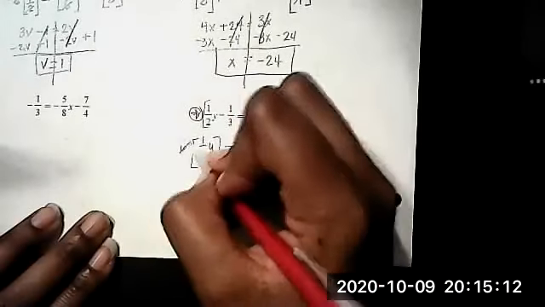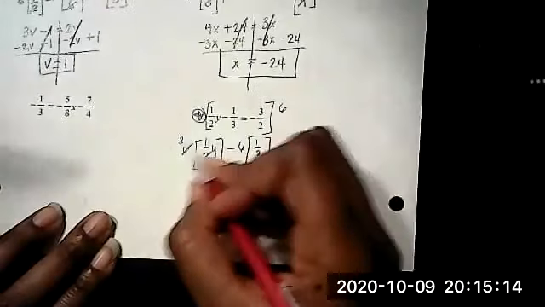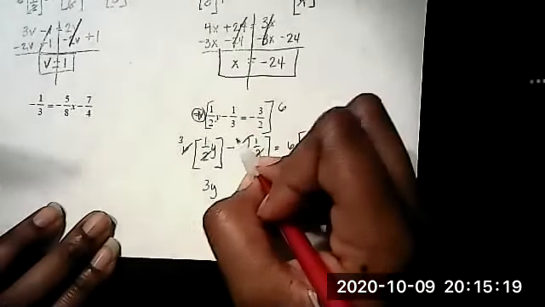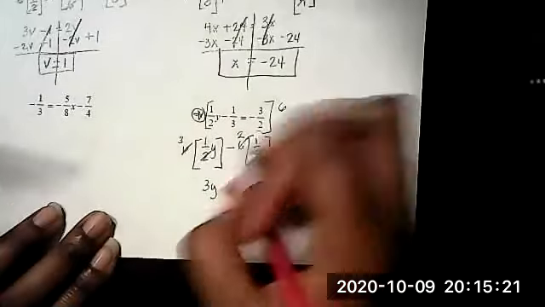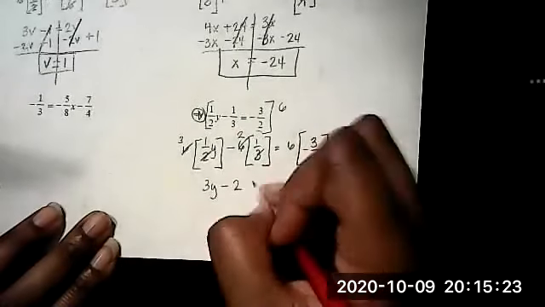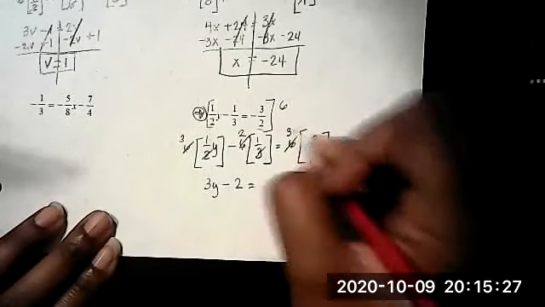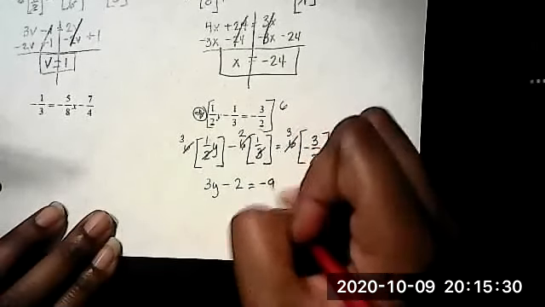Looks like that cancels out to be 3y, 3 times 1 times y, which is 3y. 6 and 3 cancel out to be 2, 2 times 1 is 2. And then 6 and 2 cancel out to be 3, and 3 times -3 is -9.